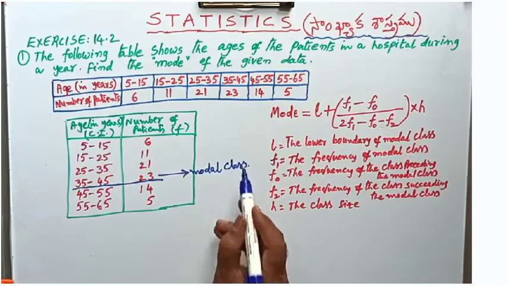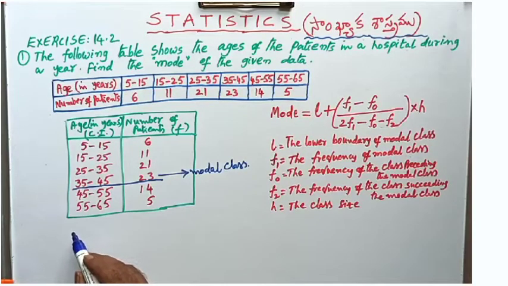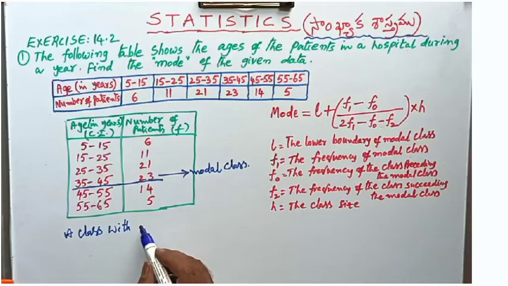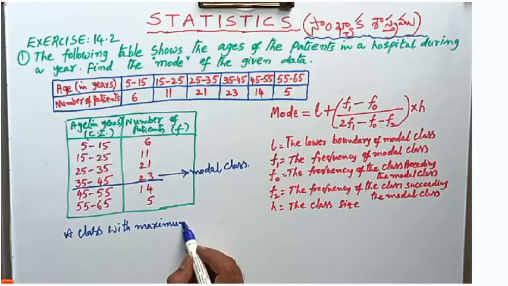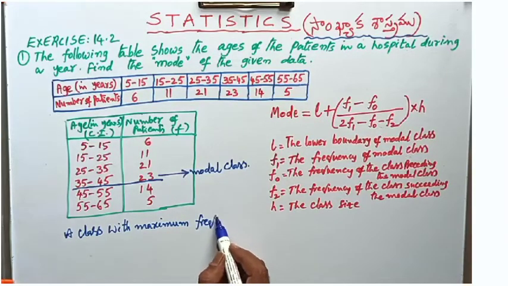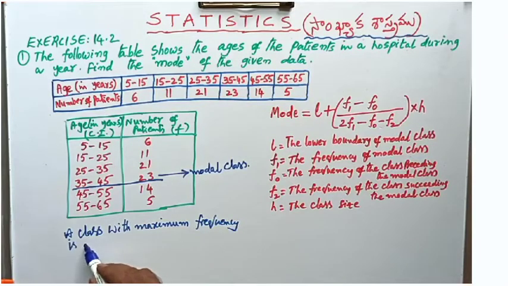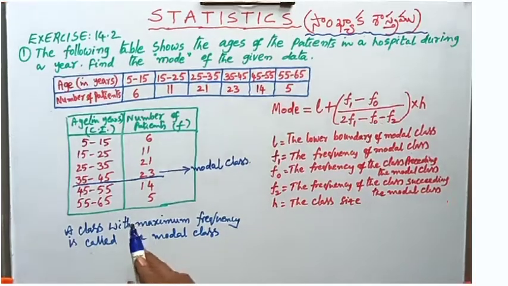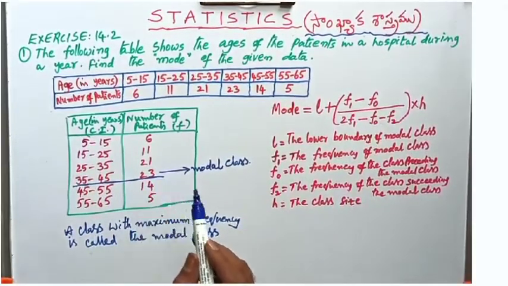So now what is the modal class? A class with maximum frequency is called the modal class. So here 23 is the maximum frequency.